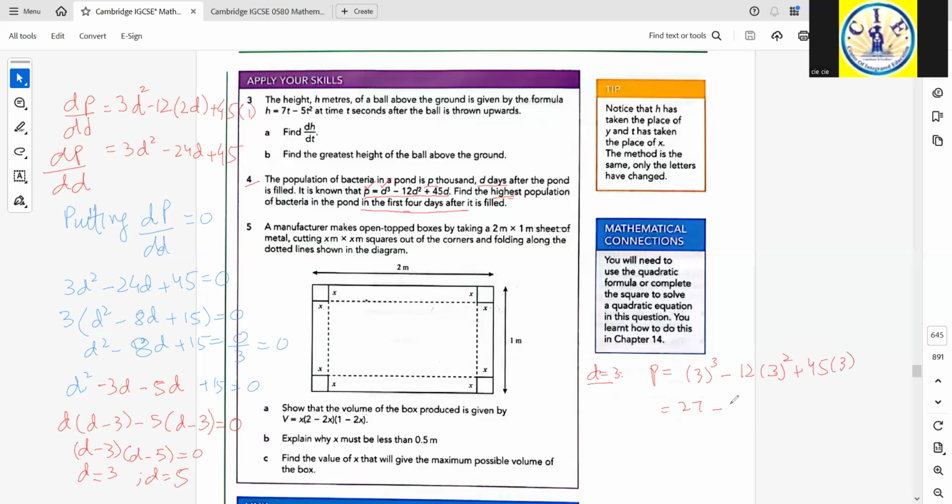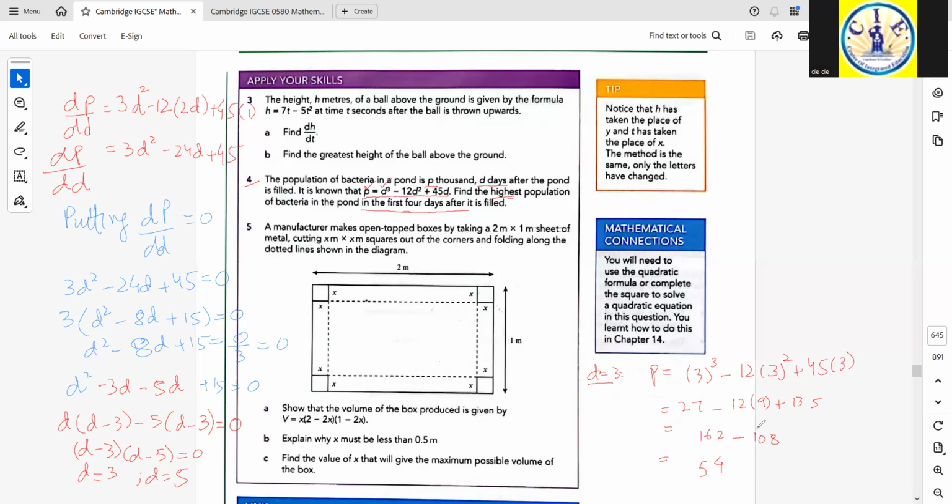This is 27 minus 12 times 9 plus 135. So we can have positive 162, and subtracting them, 54.